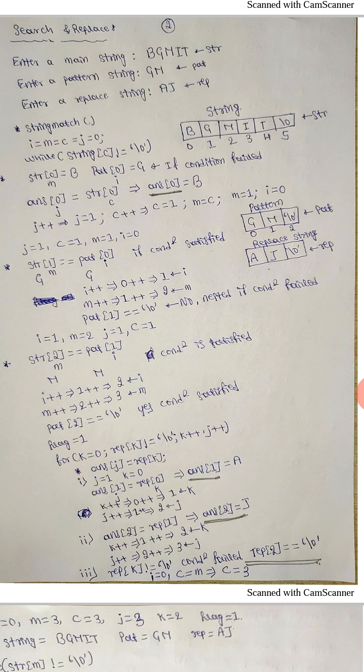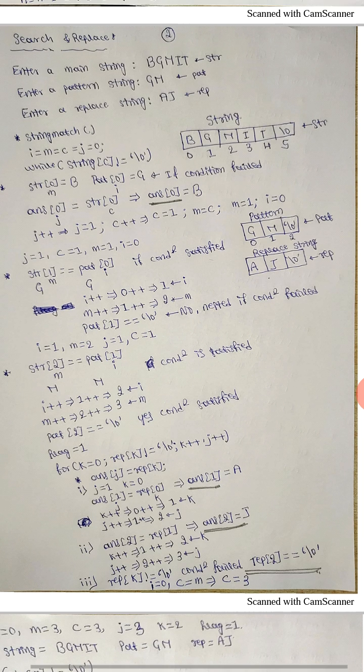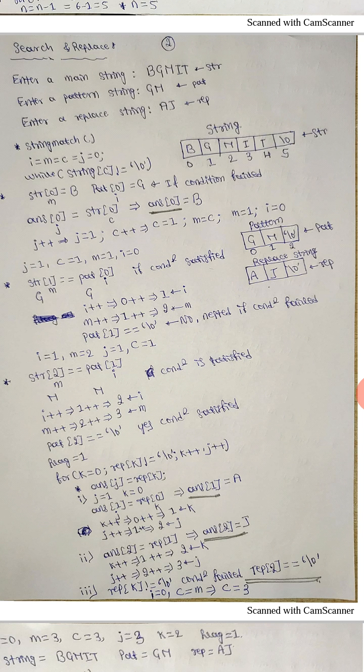To do that, we will hold the second position in some temporary variable, and from that position we will simply copy all the characters one by one to the main string, and from the substring where it ends, whatever rest of the elements are present, again we copy them to the replaced string. That's how we finally get the replaced string.